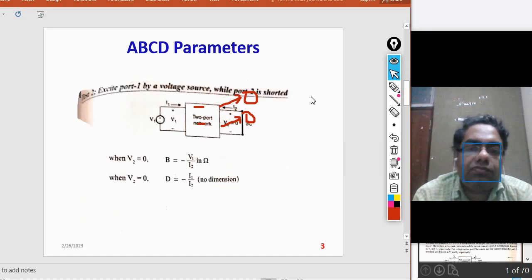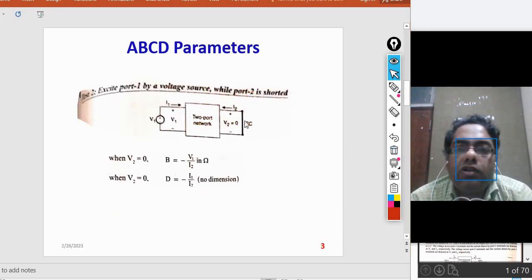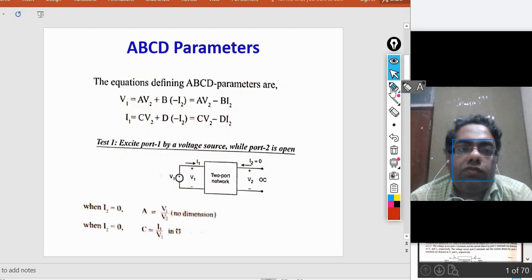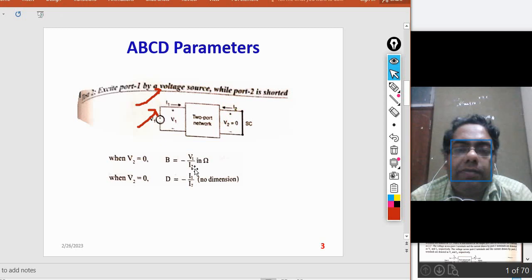Similarly, we can find the B and D parameters by doing an output port short circuit. When we short circuit the output port, V2 becomes 0, and then we can find B and D, because B is nothing but minus V1 by I2, and D is minus I1 by I2.